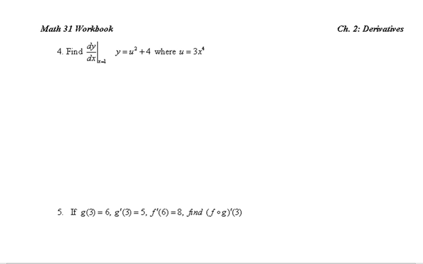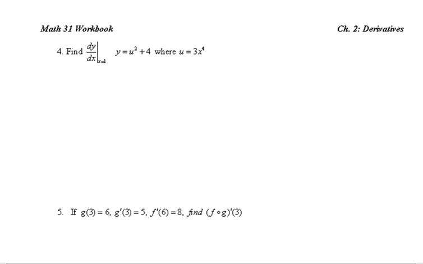If there's a vertical line after your dy dx with a little x equals something down there, that means you will find the derivative as usual and then do the substitution in that order. It's important that you do not do the substitution first. So derivative, then substitution.